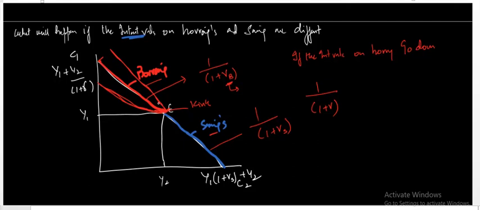It's going to widen up if the interest rates go down, and it's going to get steeper if the interest rates go up. In a similar way we can do it for the savings, when the saving rate increases and when the saving rate decreases. In both cases there are going to be two different slopes for this line if the interest rates on borrowings and savings are different, and there is going to be a kink between these two parts, the borrowing part and the saving part.